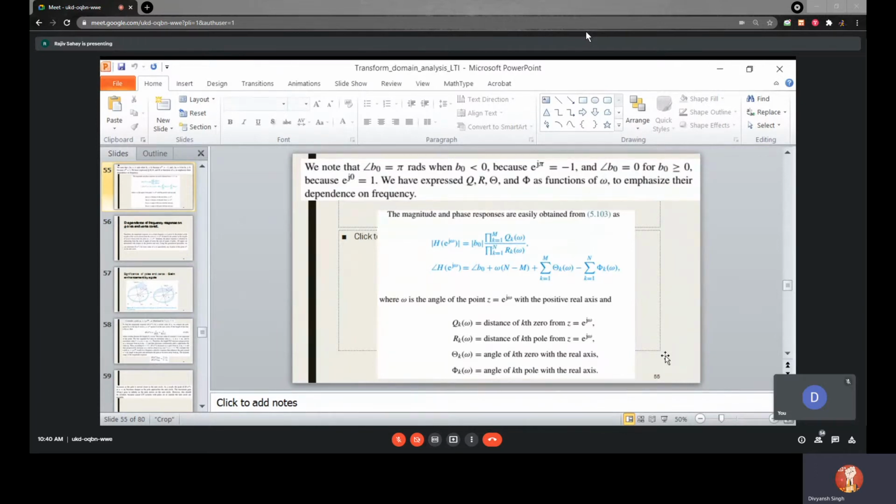We'll choose the location of the poles and zeros, and we'll see how the magnitude response and the phase response come. Once you have noted this down, please let me know.